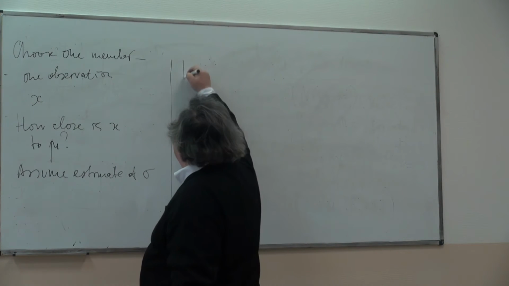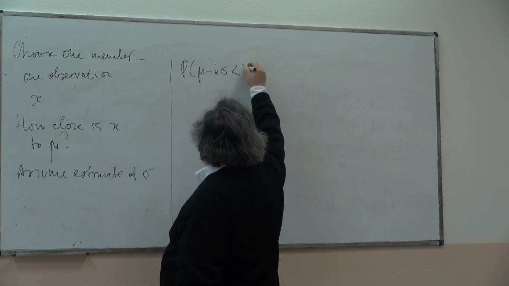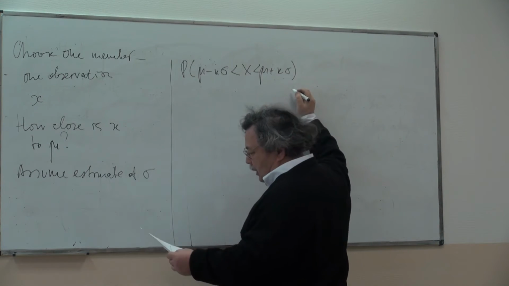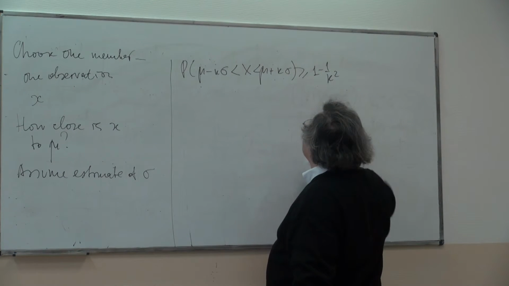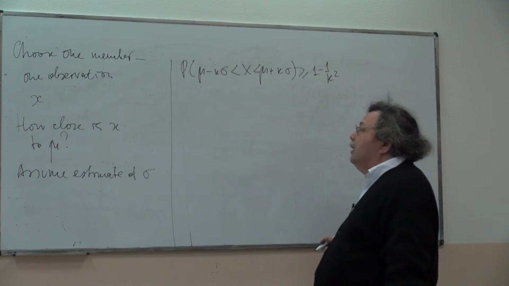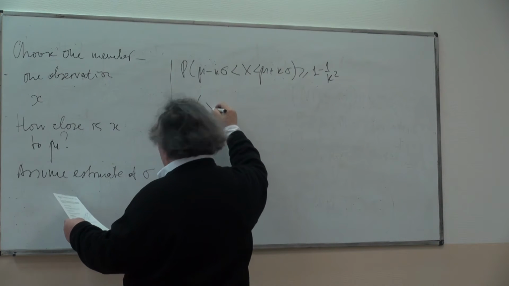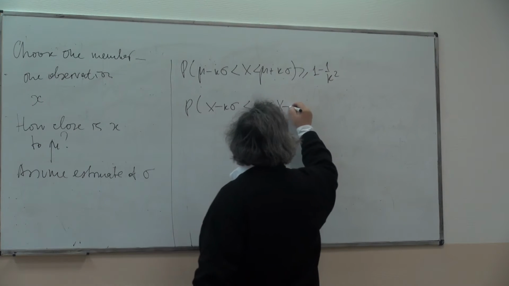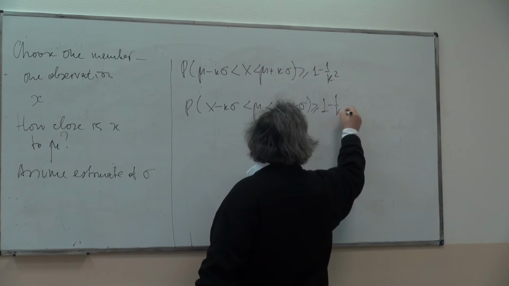Look at this. The probability that x falls between mu minus k sigma and mu plus k sigma is greater than or equal to 1 minus 1 over k squared. This is Chebyshev's inequality. And we can rewrite it this way: the probability that mu falls between x minus k sigma and x plus k sigma is greater than or equal to 1 minus 1 over k squared.